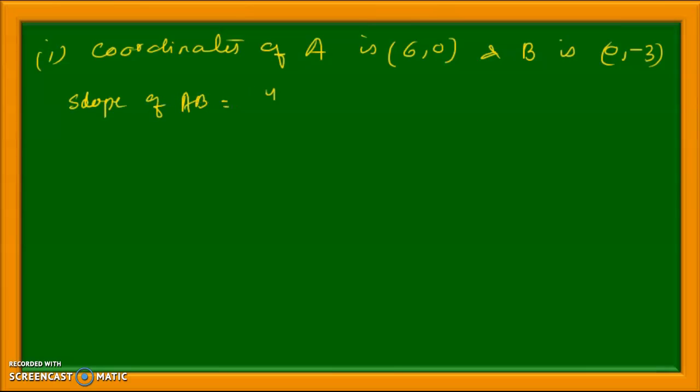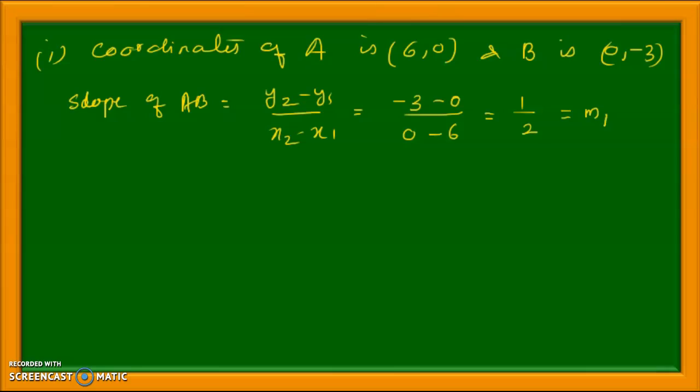We know the formula: y2 minus y1 by x2 minus x1. Here we get minus 3 minus 0 divided by 0 minus 6, that means minus 3 divided by minus 6, which becomes 1 by 2.